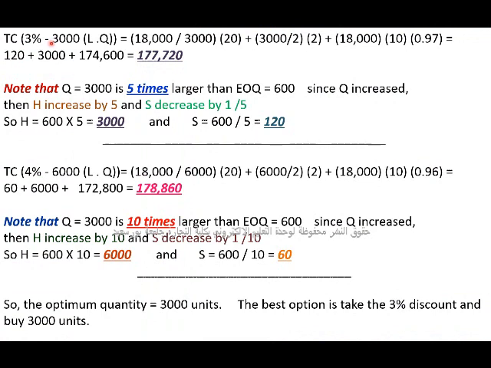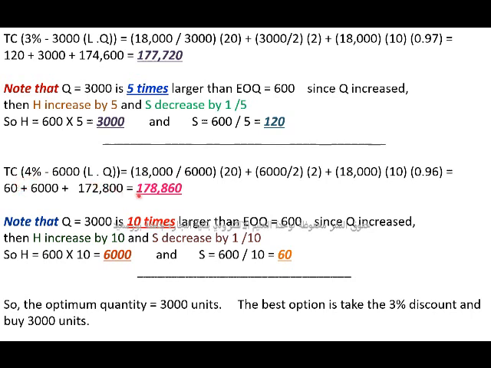And the lowest quantity will be 3,000. Total cost will be 18,000 over 3,000. This is not EEQ. As mentioned, we use the lowest quantity, and you can complete the rest of the equation. For the rest of the discount, because I will take discount 3%, I will pay 97%.